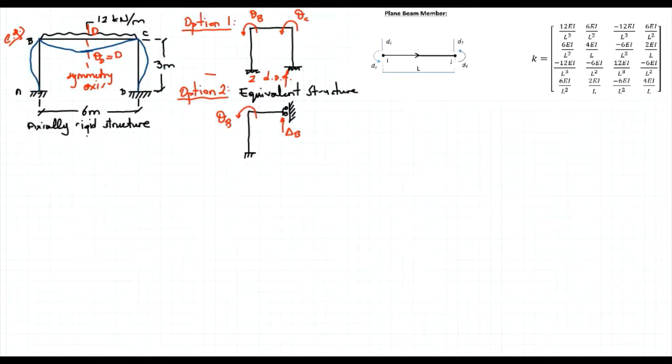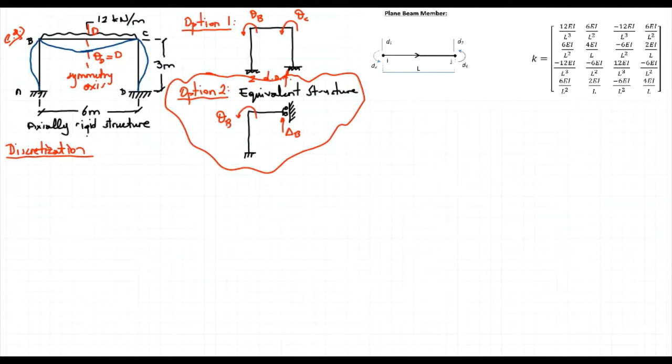Okay, so we will be doing our solution by choosing the second option. Let's do again the discretization. Let's draw the discrete version of that equivalent structure now.